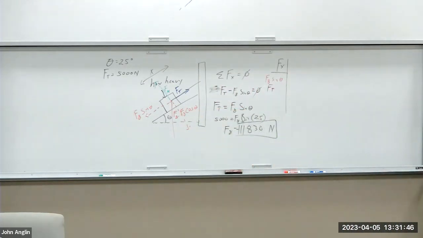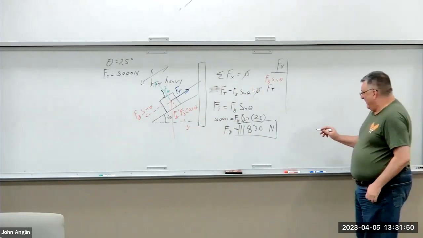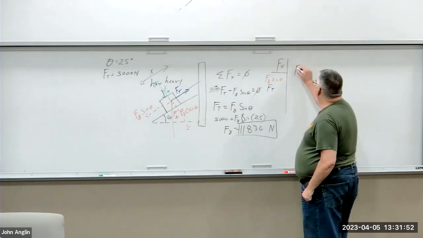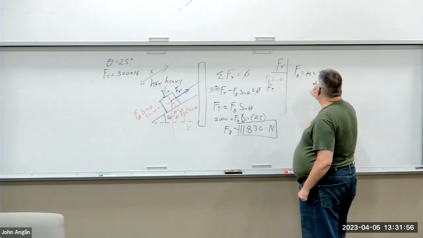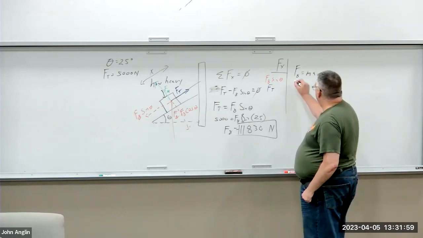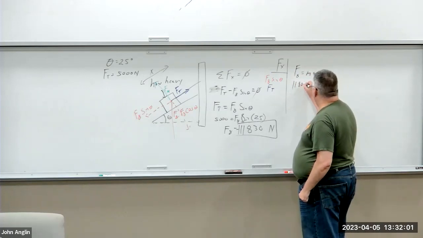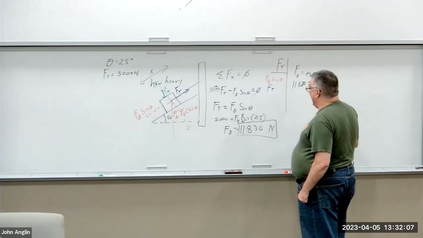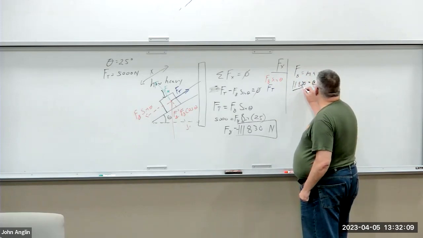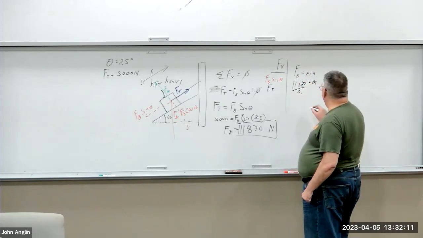I didn't ask you to find the mass, but if I had, since we know that the force of gravity is equal to ma, and we know the force of gravity is 11,830, if we wanted to find the mass, we just divide through by a.